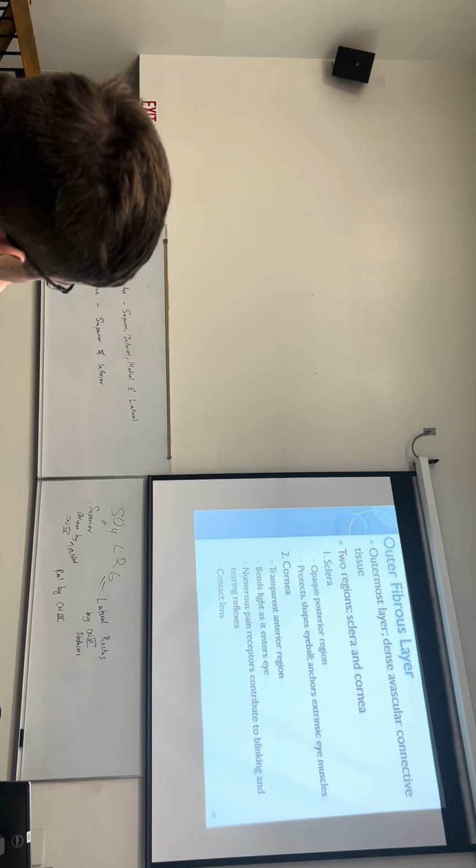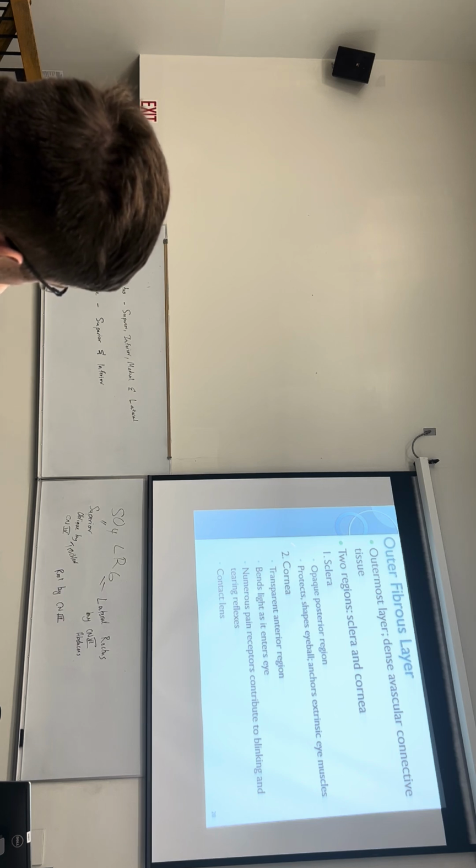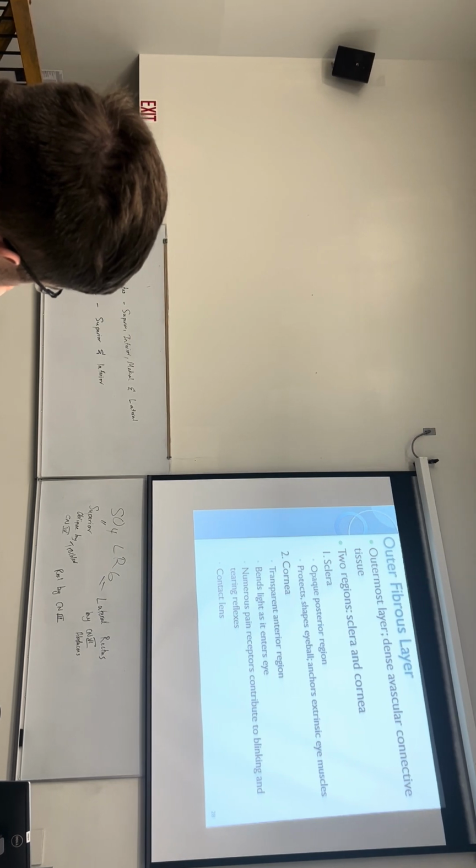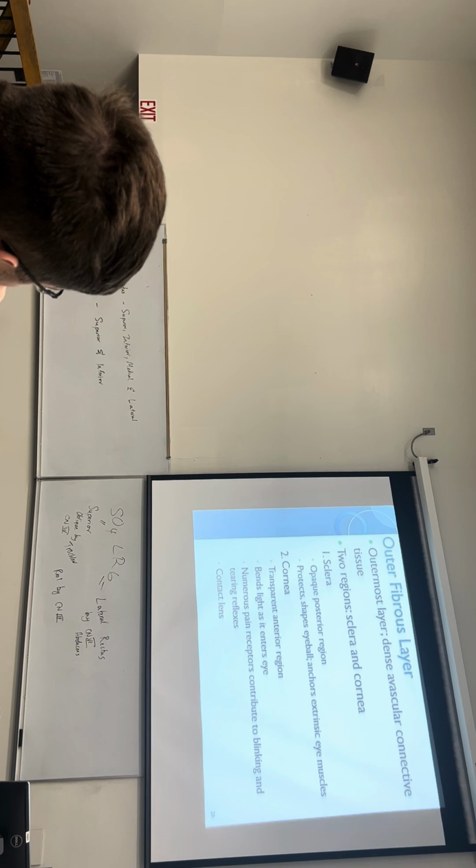Okay? If we're wearing contact lenses, we'll place them over the cornea. If you're considering laser treatment for corrective eye treatment, it's going to be the cornea that is changed in shape, because it has a lot more refractive power, the bending of light power, compared to the lens.